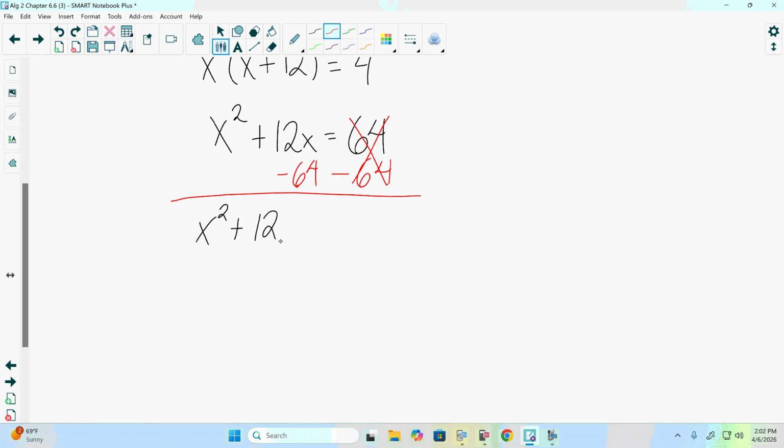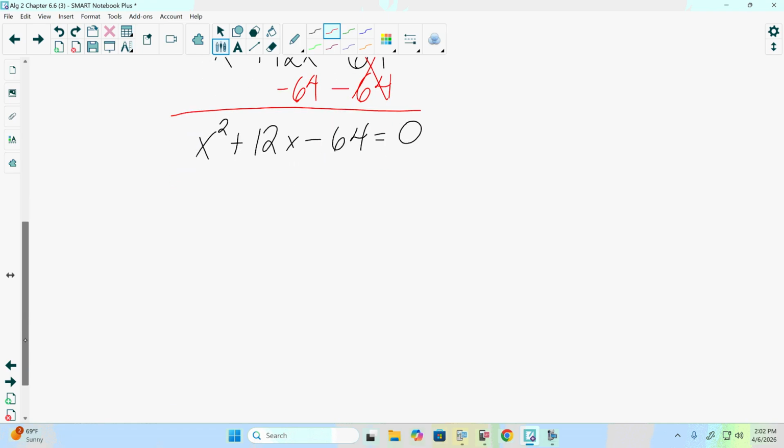So we have x squared plus 12x minus 64 is equal to 0. Now at this point here, we don't have an a value. There is no greatest common factor. So we can graph it like we did the last one, or we can factor.